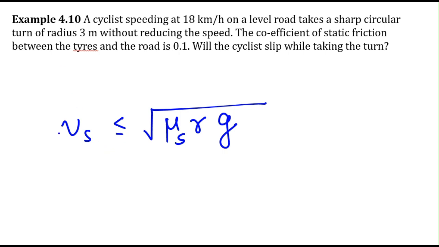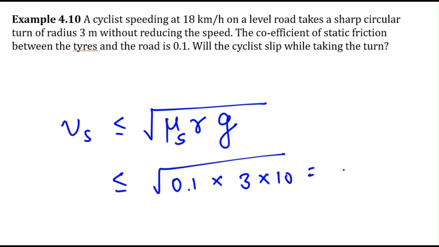We discussed this in our previous video. So mu s is 0.1, r is 3 meter, and g, for simplicity, we can take 10. All these are in SI units, so this will be in meter per second.